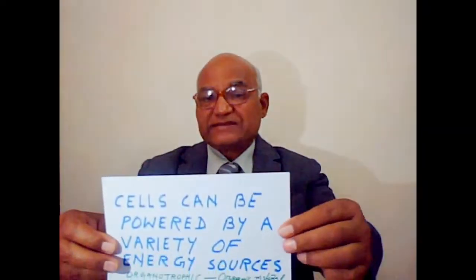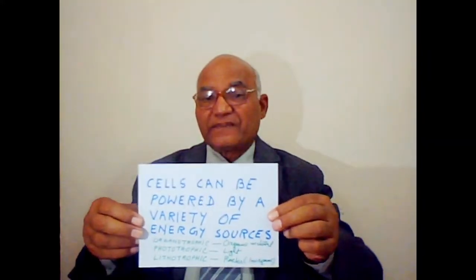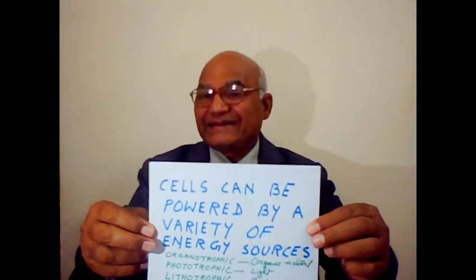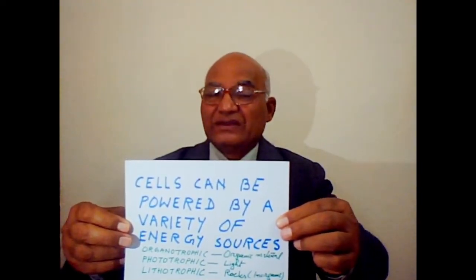Cells can be powered by a variety of energy sources. The energy source may be some organic substance, and the cells are regarded as organotrophic. The source of energy may be light, and the cell is regarded as phototrophic.